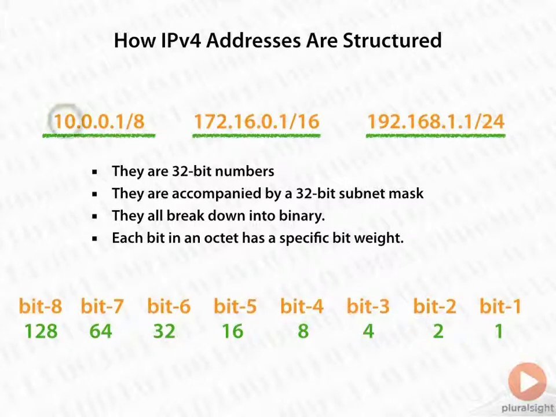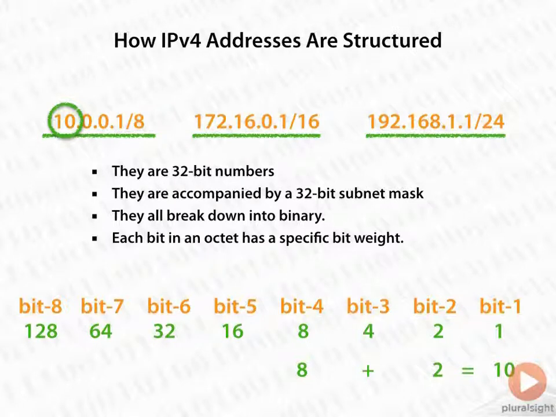So now if we took the number 10 as an example, we would have to enable bit number 4 and bit number 2. 8 plus 2 equals 10, so we would toggle those bits on, and the other 6 bits in this octet would be set to a 0, and that would represent the number 10 in binary for us.